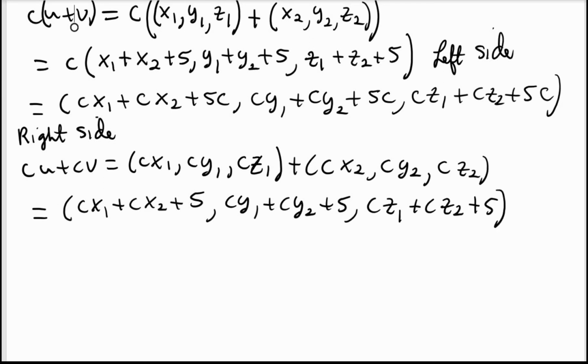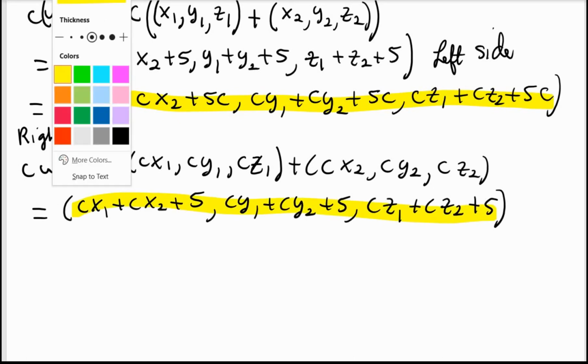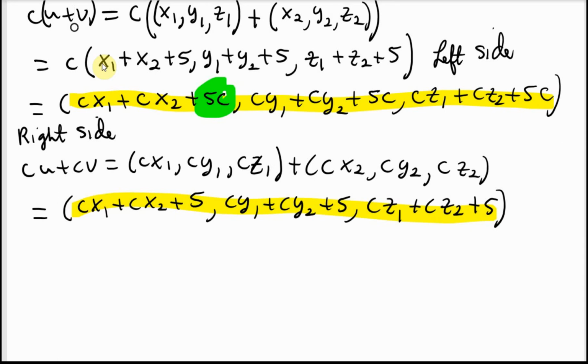So here you notice the left side, we got this, then the right side we got that. Now in particular, let's look at the difference. On the left we get the 5 c's there, but on the right you only get 5.